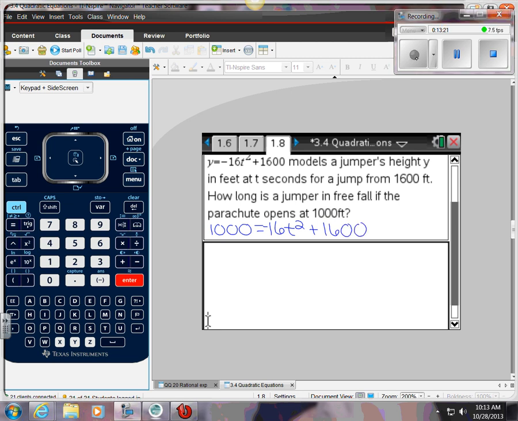Now what? Subtract 1,600. Very good. Okay. Divide by negative 16. Okay, so that's a good question. Do I want it in fraction form? Let's think about time. Time is generally not in fraction form, right?